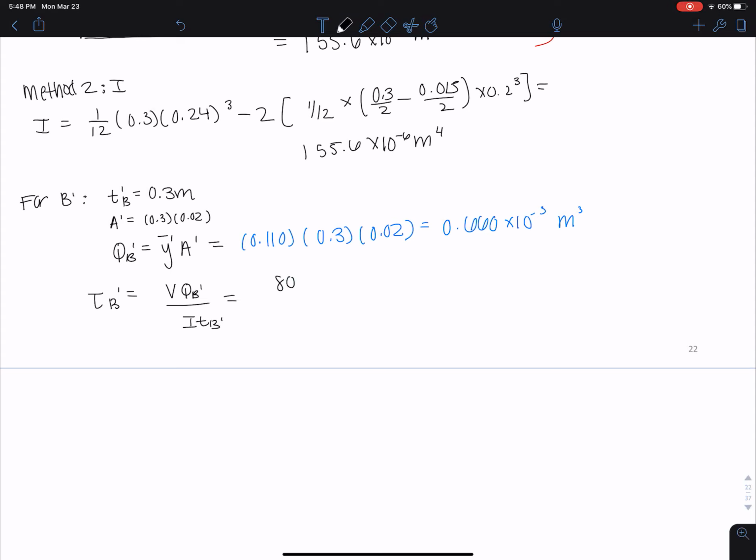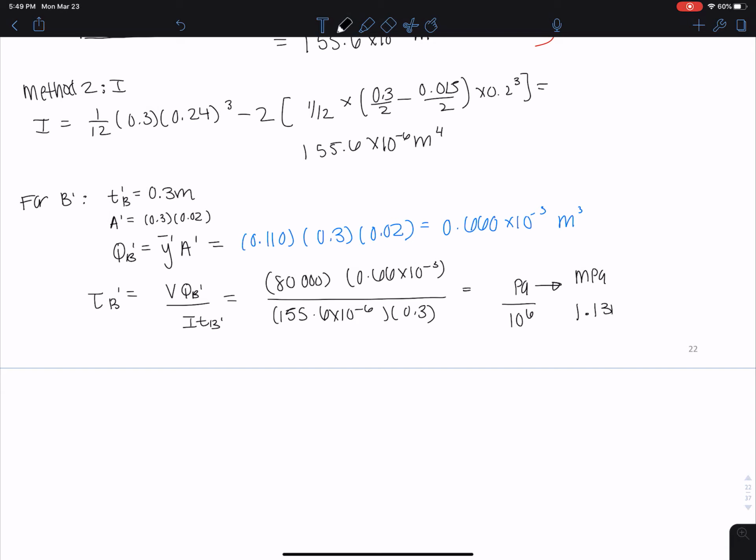The V, the shear, is given as 80, so 80,000, because I'm putting everything into the standard units, times 0.66 times 10 to the negative 3, that was our Q, divided by 155.6 times 10 to the negative 6, times 0.3, and we get an answer in pascals. To convert it to megapascals, I would divide this by 10 to the 6th, and I would get 1.13 MPa.